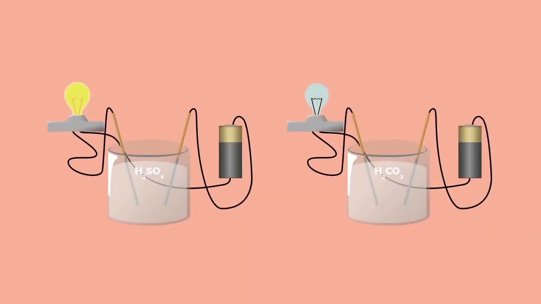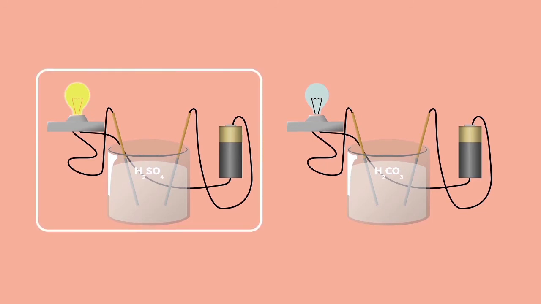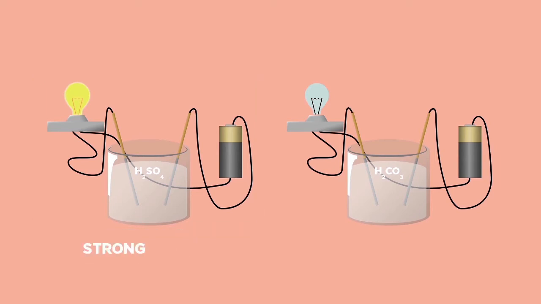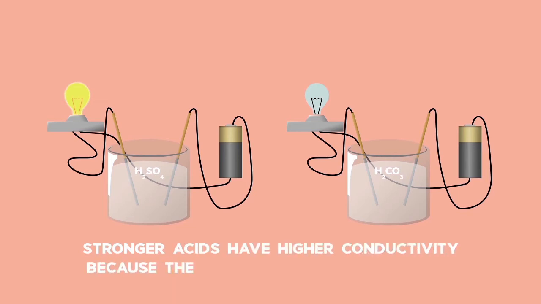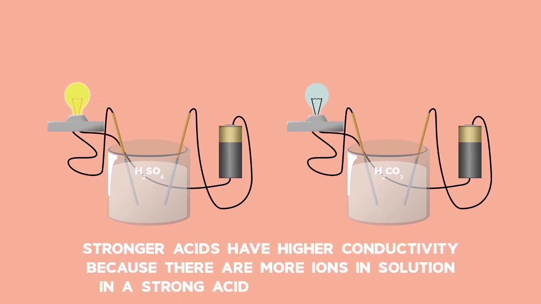Here are the results of the conductivity experiment. The current through the beaker on the left is much stronger. The globe burns brightly in this circuit. This is the beaker containing sulfuric acid. Stronger acids have higher conductivity because there are more ions in solution in a strong acid than in a weak acid.